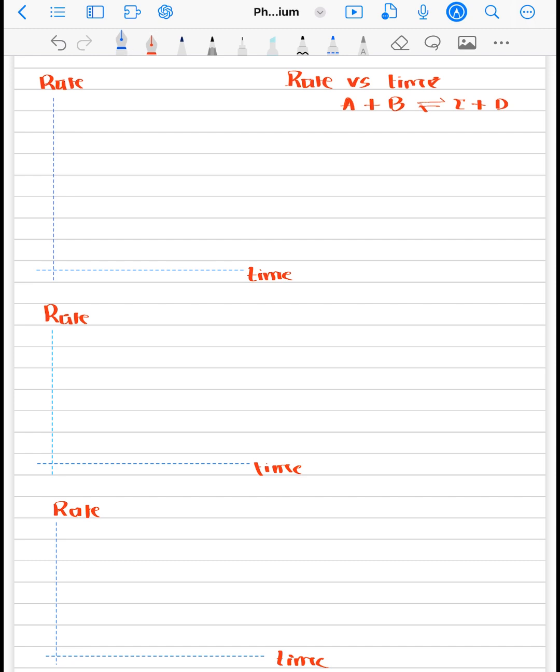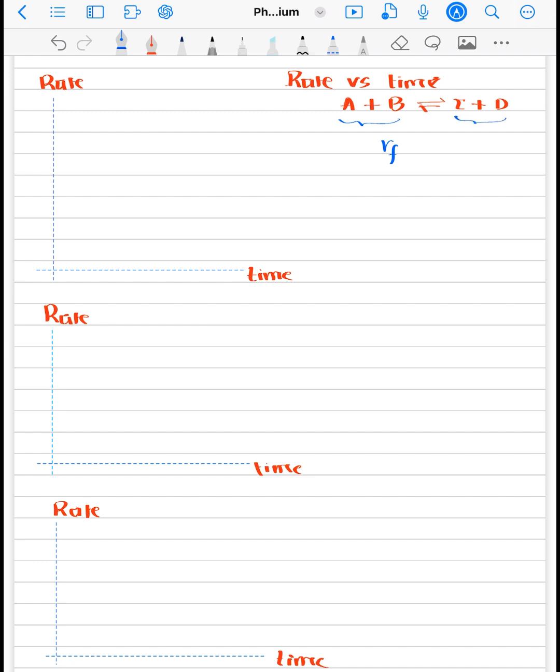Now, please try to understand that in these cases, if the rate of forward reaction becomes equal to the rate of backward reaction, only then the reaction is going to be considered as in equilibrium, right? So let's say that if A and B are going to react, that particular rate is given as R, because it is going to give rise to C and D, we are going to consider it as RF.